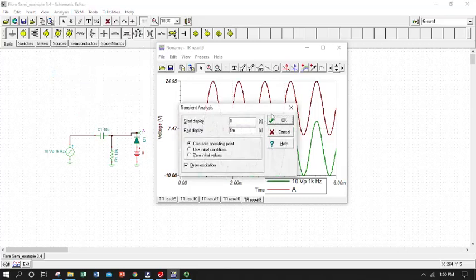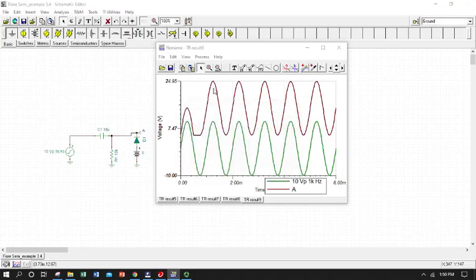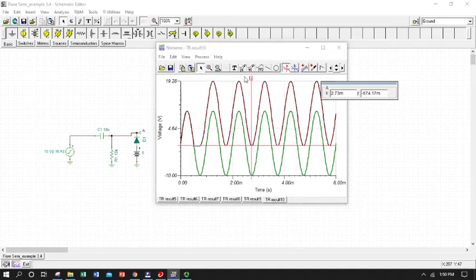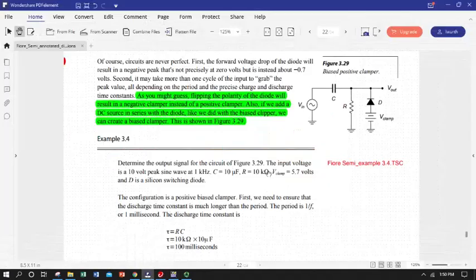So we can go ahead and run that, see how that works, and now we've seen our Y scale change, and now we have just 700 millivolts in the negative. So we're seeing 0 minus the forward bias voltage of the diode, which is what we would have expected. So that is a demo of a clamper circuit with a bias offset.